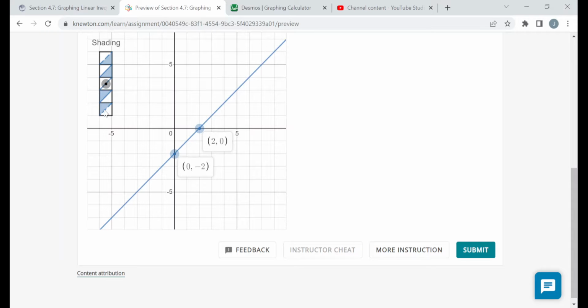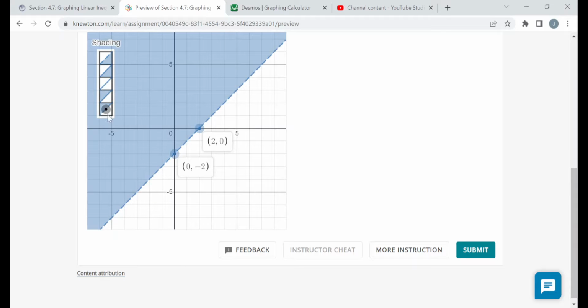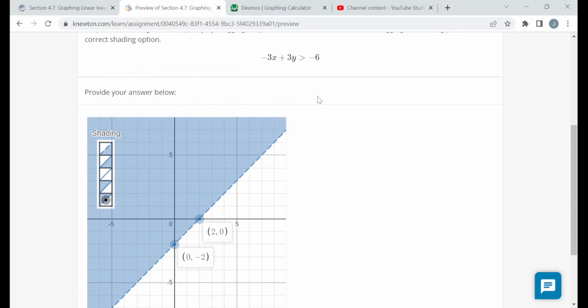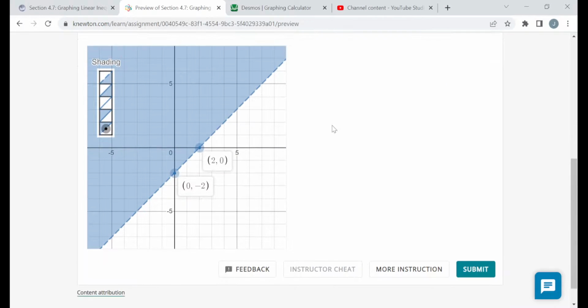So that looks like this part right here. I move this dot down to this area like that. See where it's a dashed line, a dotted line, meaning the points on the line are not solutions. And then the side that had 0, 0 on it, this side up here, the shaded area, these are all the solutions, all the ordered pairs that satisfy this inequality. All right. And then I'll submit.